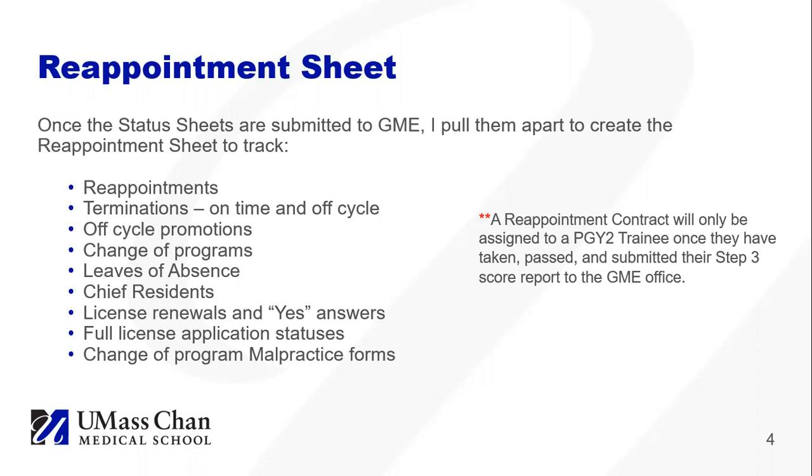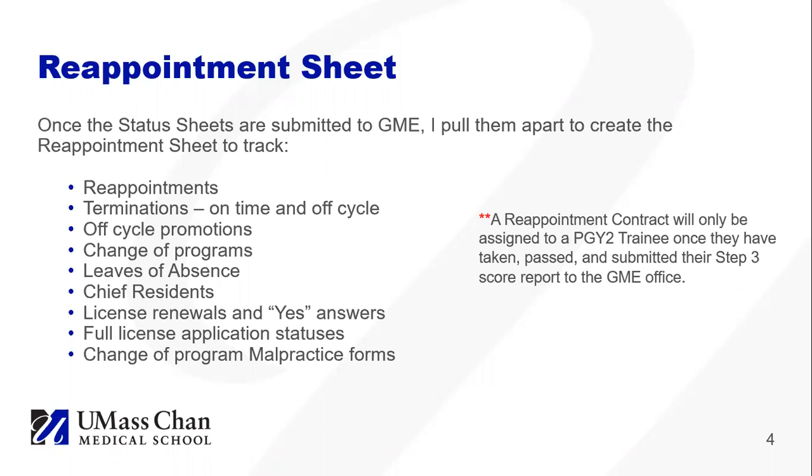And we're on track for the rest of the academic year. As far as reappointment contracts for PGY2s, they will only be assigned to a PGY2 that has taken, passed, and submitted their Step 3 score report to GME. This has been a big thing this year with test centers closing and moving around.